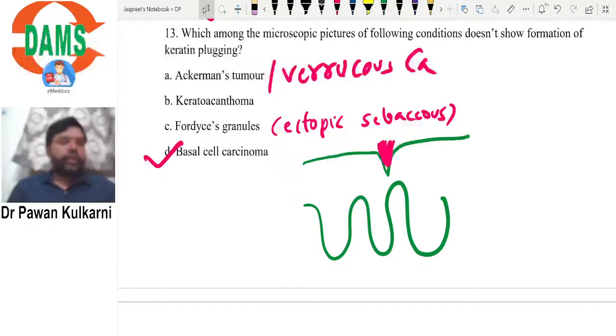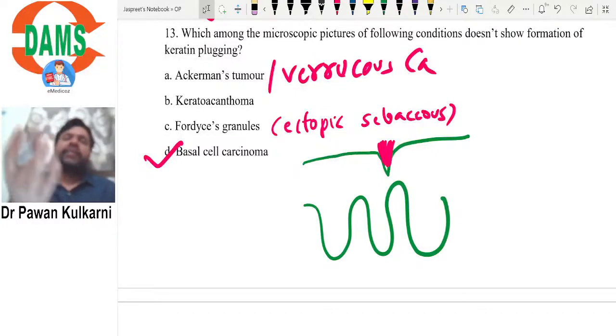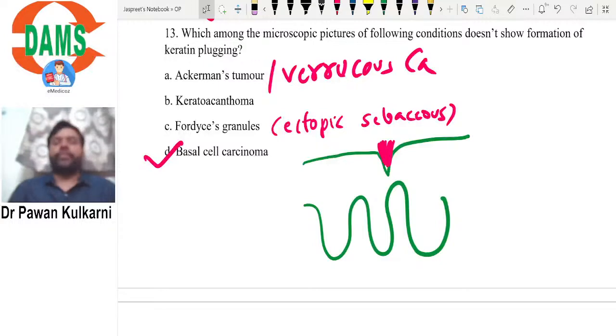So remember that pathognomonic means characteristic. For example, if I say satellite cysts are pathognomonic for OKC, whenever that comes to my mind, the first thing that should come to mind is satellite cyst means OKC.